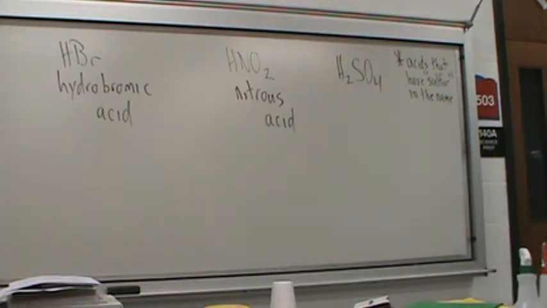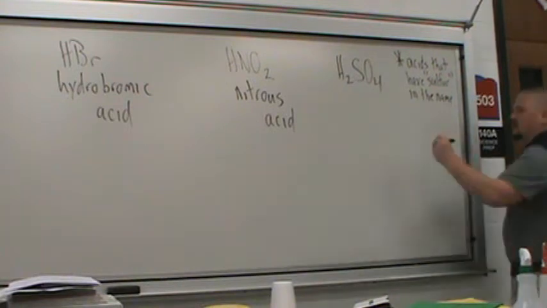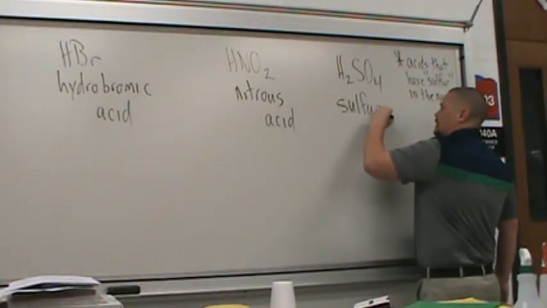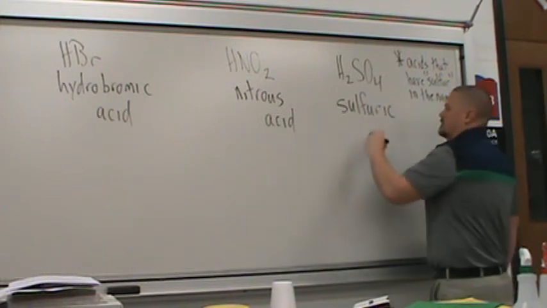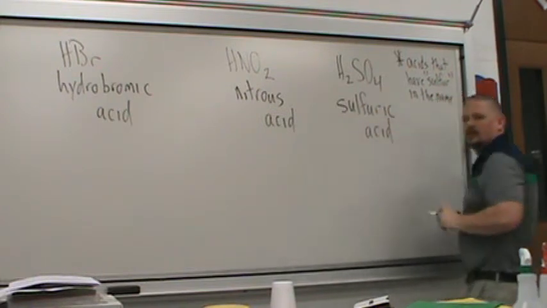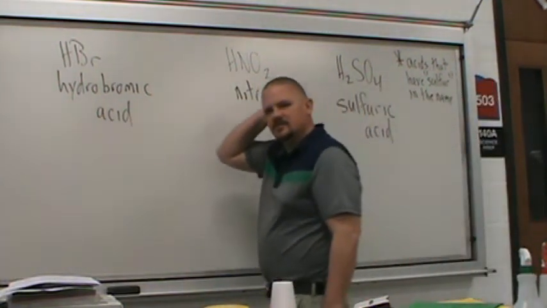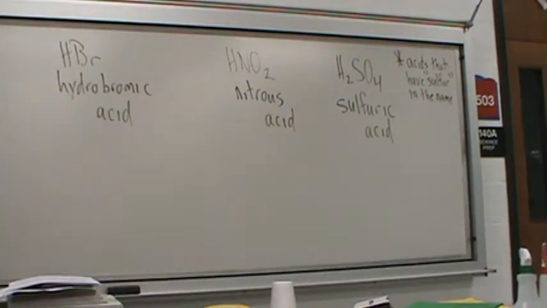This would be sulfuric acid. Why are we using sulfur's full name in this situation? Which one sounds better, sulfuric acid or sulfic acid? Hopefully you think sulfuric sounds a little bit better than sulfic.